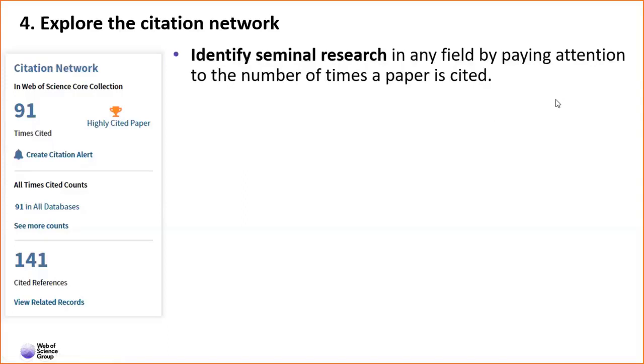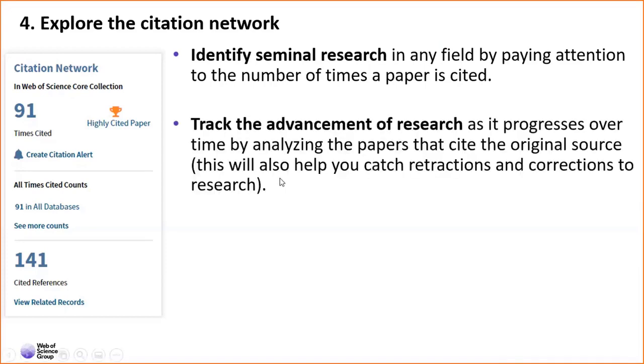So you can pay attention to the number of times a paper is cited, so you can have a quick understanding of the impact or the influence of that particular project or paper. Okay. Obviously, a paper can cite only what has been published before the paper, and citations are received from papers that have been published after the paper has been published. All right, so you can see how research has been progressing over time.